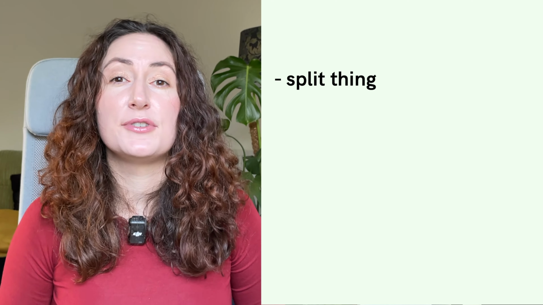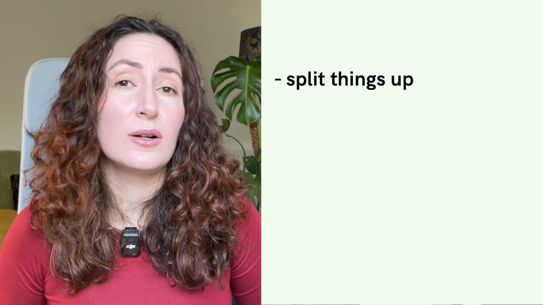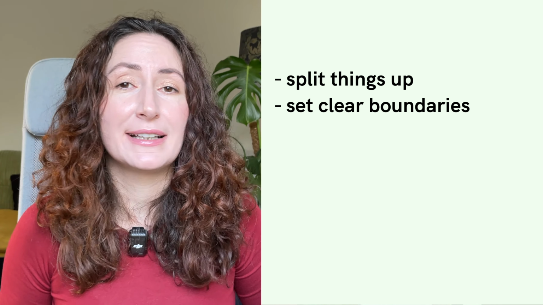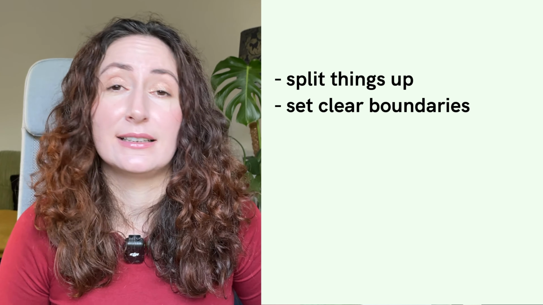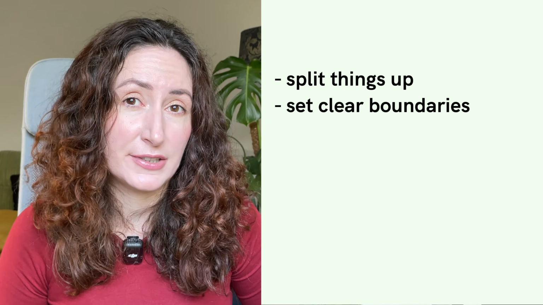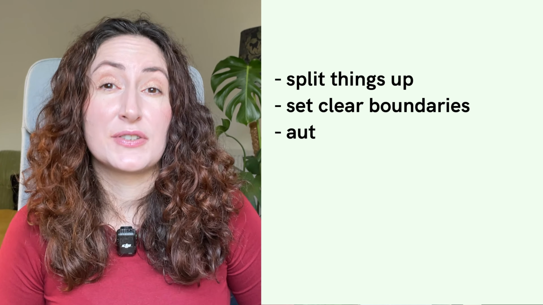And now we are almost at the end of this video, so let's quickly overview our best practices for code structuring. First of all, never create a God folder. If it feels crowded, split it up. Always set clear boundaries. You can use Nx for it, or even just ESLint to prevent unwanted modules and circular dependencies. Automate your code structure.